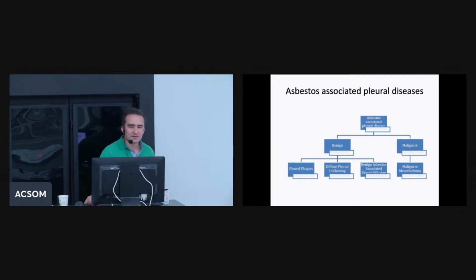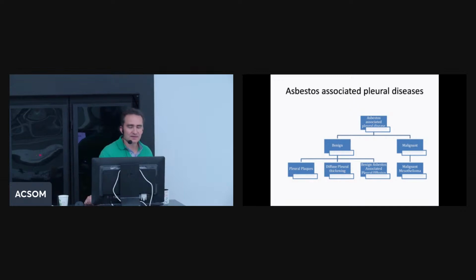Another pathology you may see with the pleural disease is diffuse pleural thickening. Again, a lot of patients may be asymptomatic, but if you do a chest CT and you see the pleura is thick, this may sometimes give a little bit of shortness of breath, some pain.